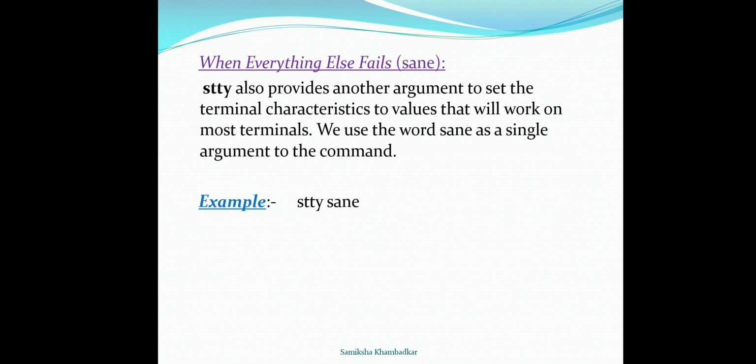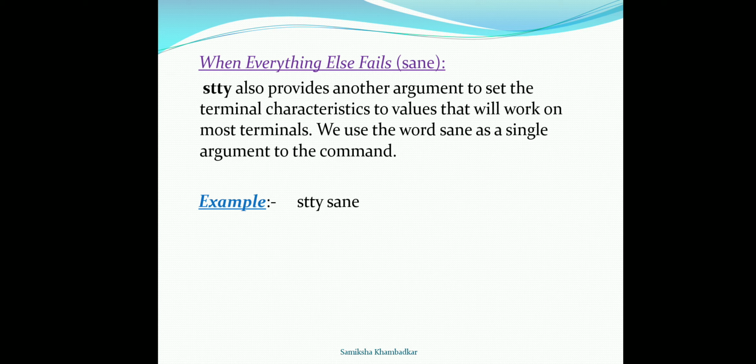Now the next is, when everything else fails, we use sane. Sometimes another user has changed the settings and we don't know what settings they have changed. So how can we operate the system?